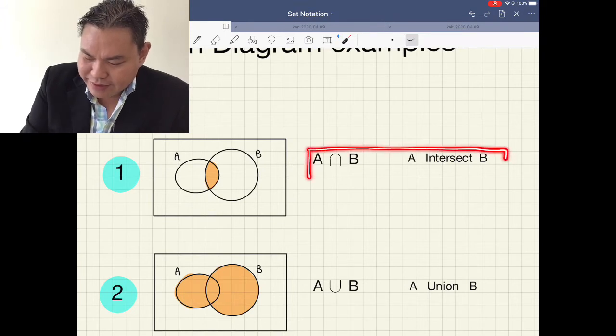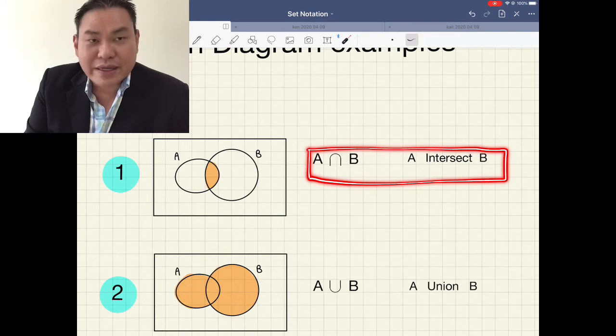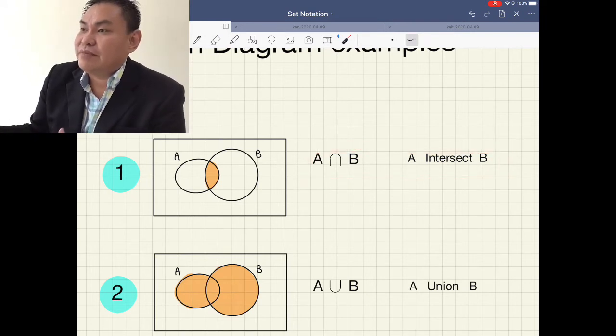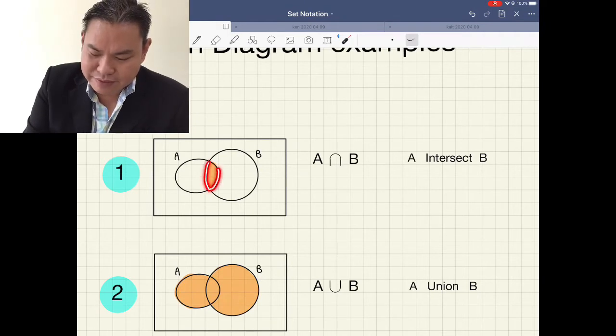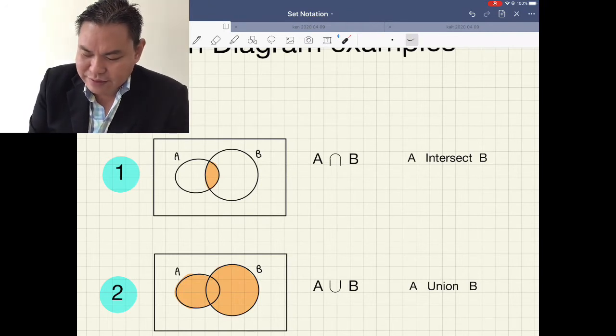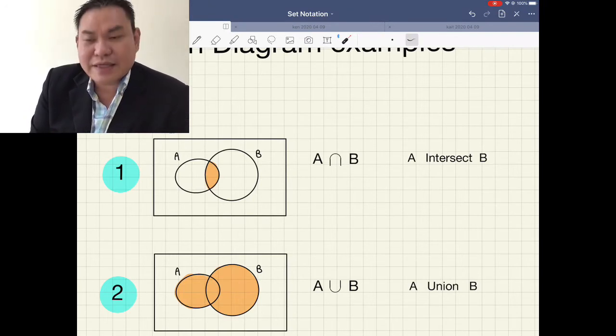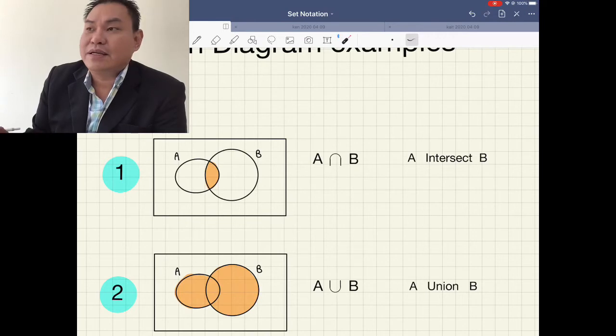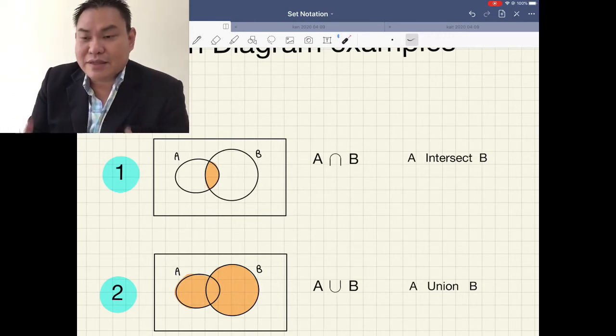A intersect B means you make a new set that contains only the members that are both members of A and members of B. So see here, I shade the intersection between A and B. The one that I marked with orange color there is a member of A and B. So A intersect B refers to that.